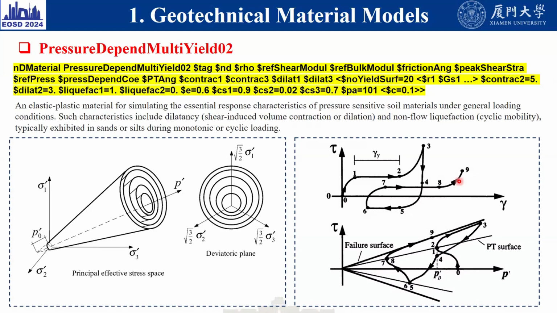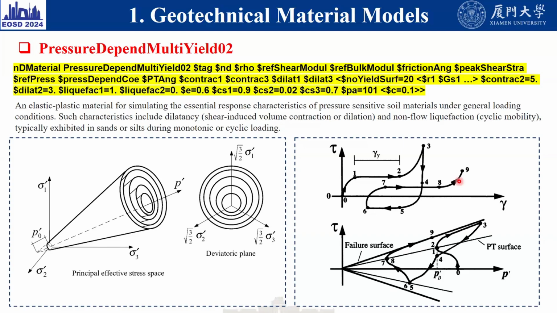So the characteristics of this model include dilatancy, which means shear induced volume change or dilation, and the non-flow liquefaction, which we call cyclic mobility. So what's the meaning of cyclic mobility? For this model, we focus on non-flow liquefaction, which means that the lateral deformation is limited.